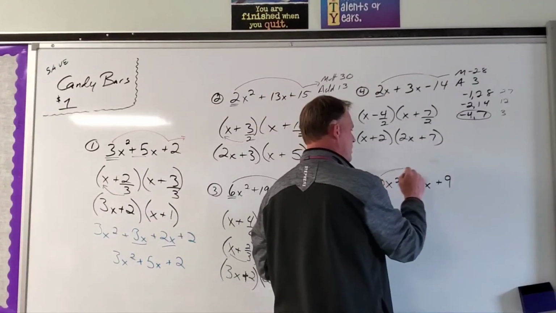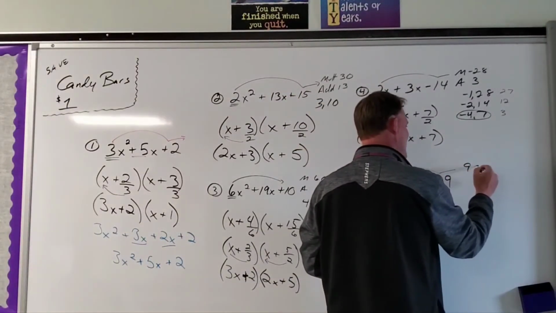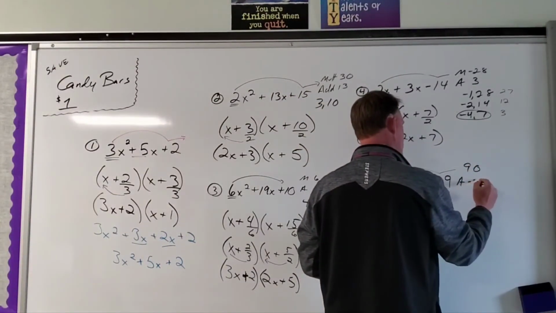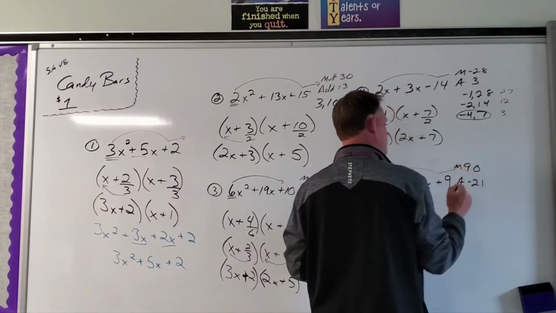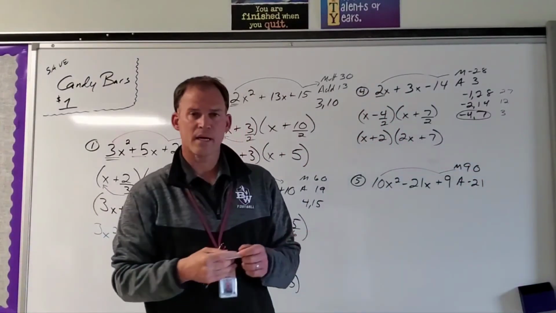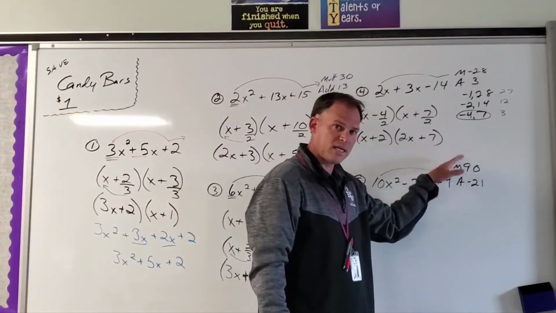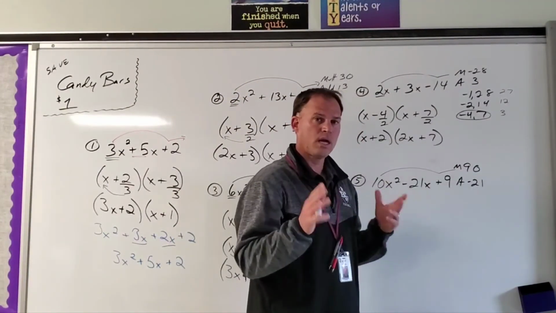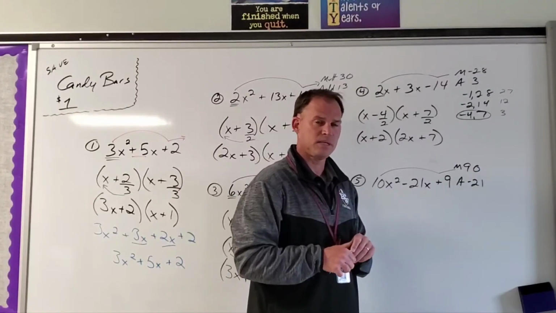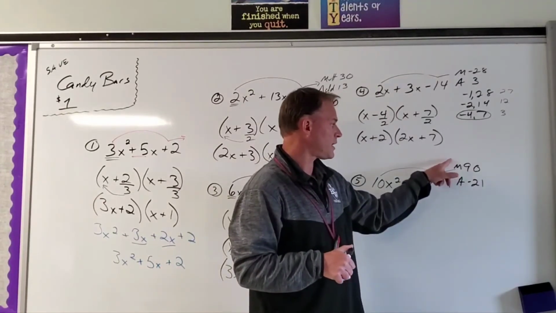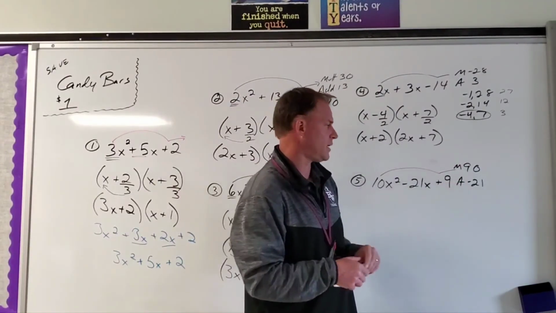So my multiply number is 90. My add number is negative 21. So right there, I know if it multiplies to positive 90 and adds to negative 21, then I know both numbers have to be negative. Because it multiplies to a positive, but adds to a negative.